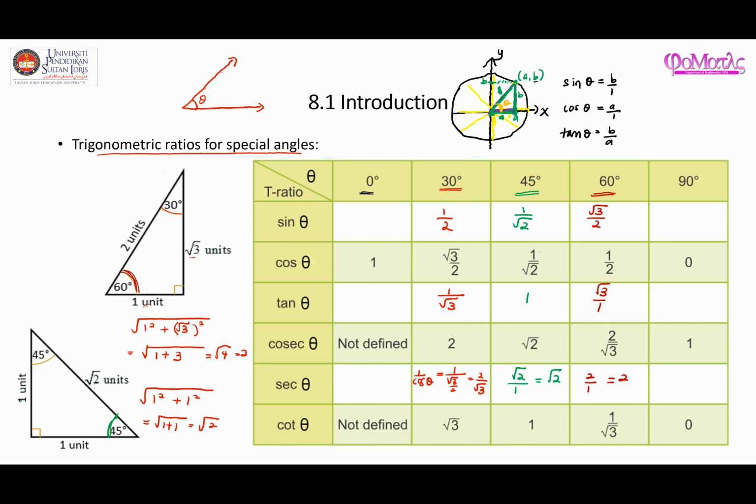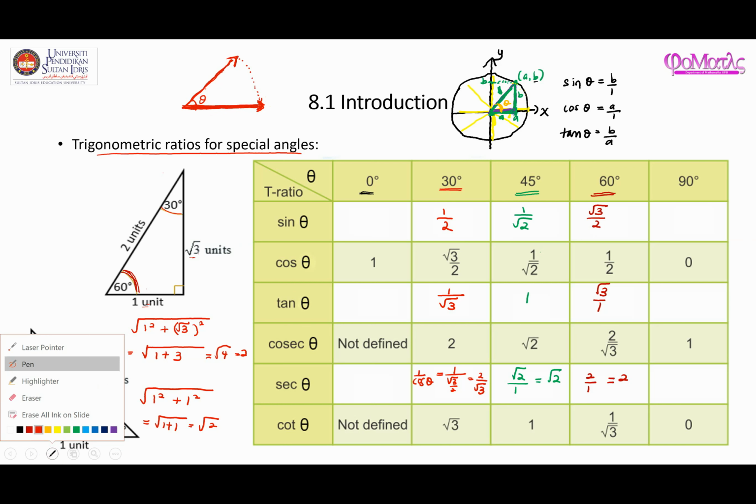So this is theta. Now what if this line, the terminal line over here, is moved downwards so that it is actually overlapping the initial line here, so that the degree now is 0.